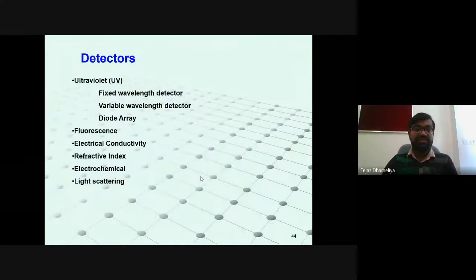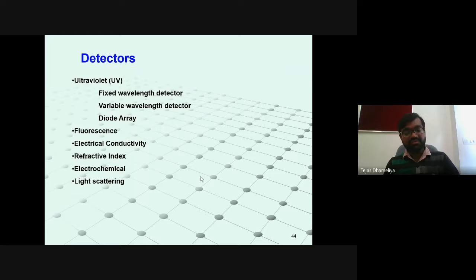So let me go to this slide. First, the UV visible detectors. There are subtypes of UV visible detectors: fixed wavelength detector, variable wavelength detector, and diode array detector. What is a fixed wavelength detector? It is a detector dependent upon a fixed wavelength, meaning, say, 254 nanometer, 264 nanometer, or 252.